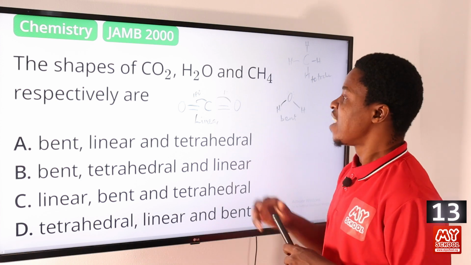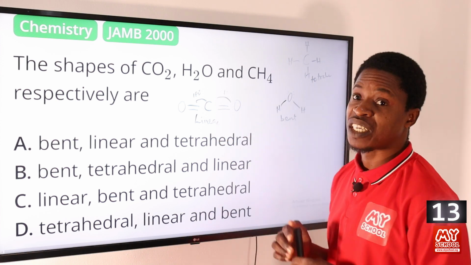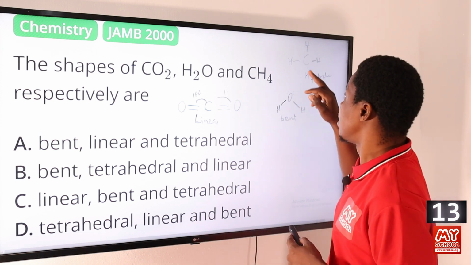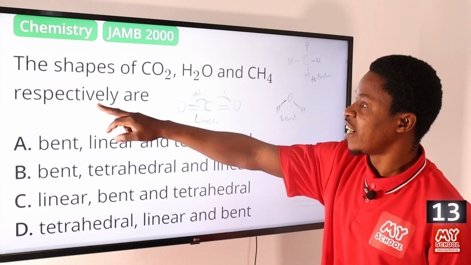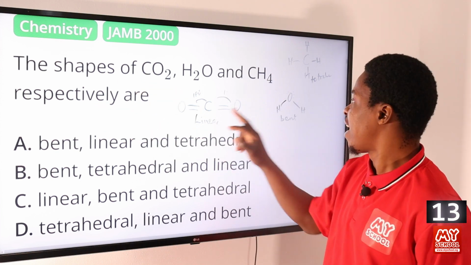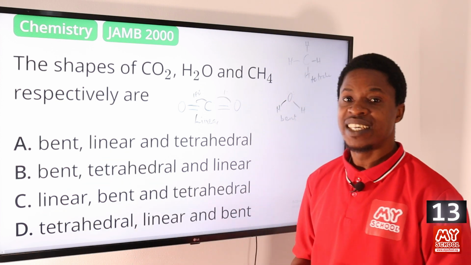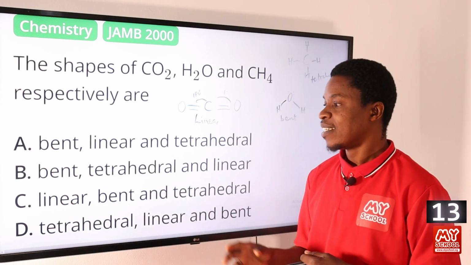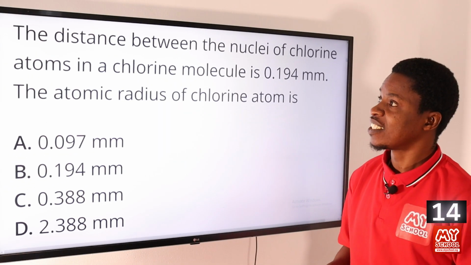So we can say that CO2 has a linear shape, water has a bent shape, and methane has a tetrahedral shape. Looking at the options, respectively, it should be linear, bent, and tetrahedral. So option C is the correct answer.